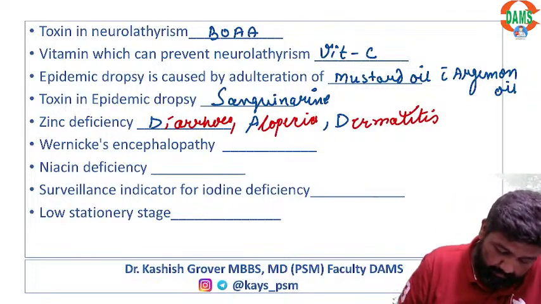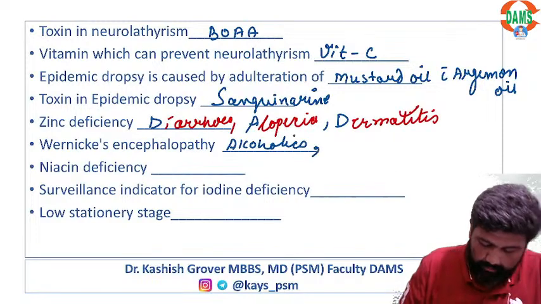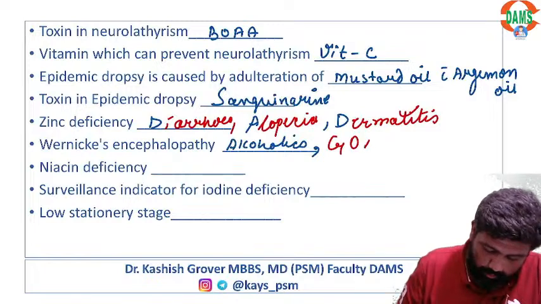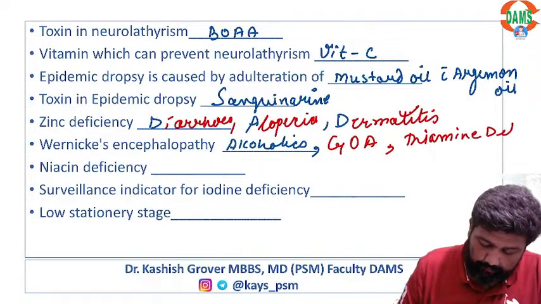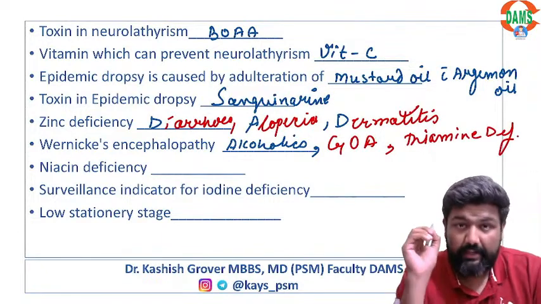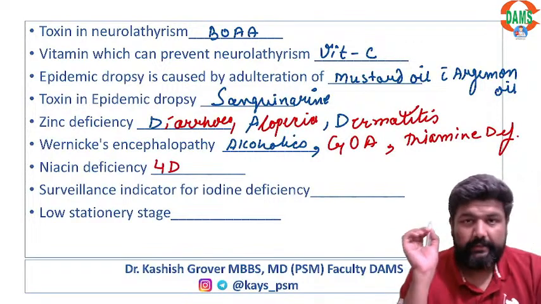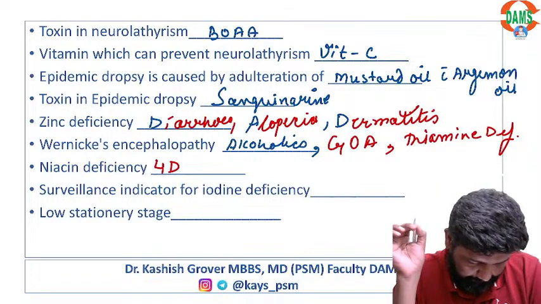Wernicke encephalopathy is seen in alcoholics, and the mnemonic here is GOA. And one last thing, thiamine deficiency. Niacin deficiency, 4 Ds: diarrhea, dementia, dermatitis, death.